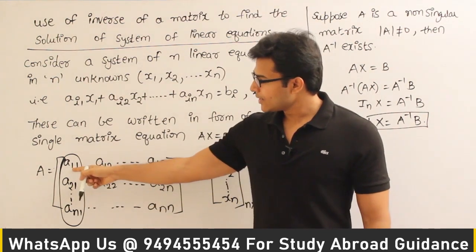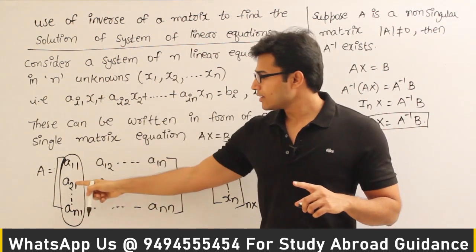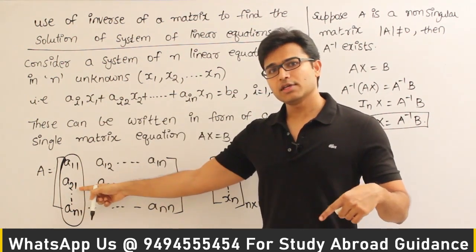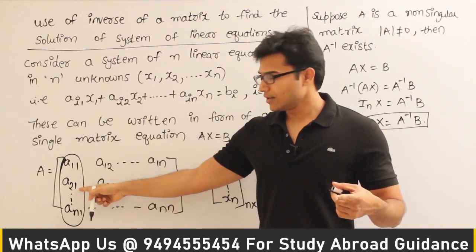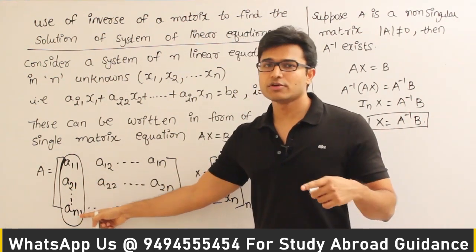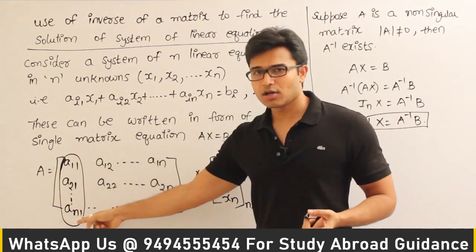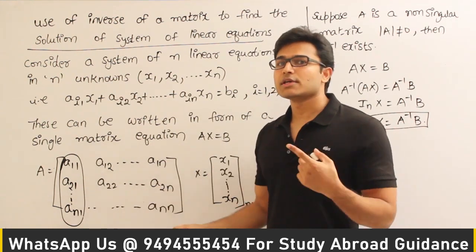For example, a11 is the coefficient of x1 in the first equation, a21 is the coefficient of x1 in the second equation, and so on, up to an1, the coefficient of x1 in the nth equation. Therefore, in one column, all entries correspond to the same variable.